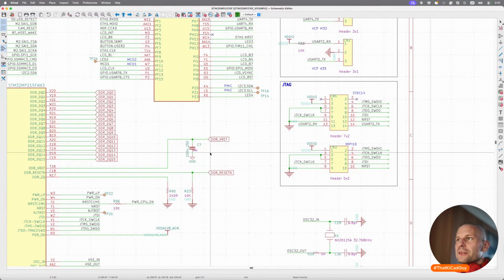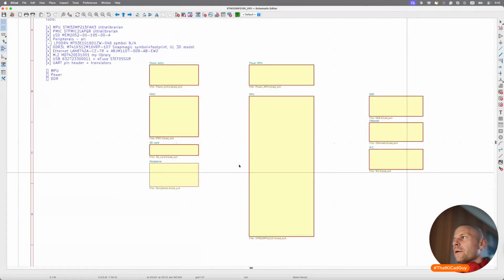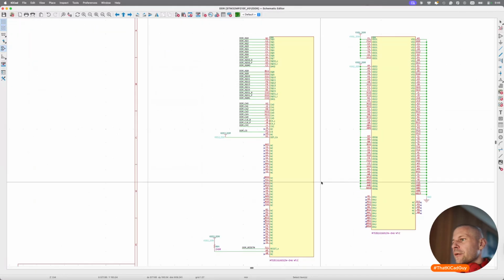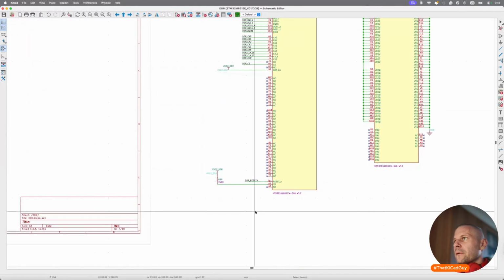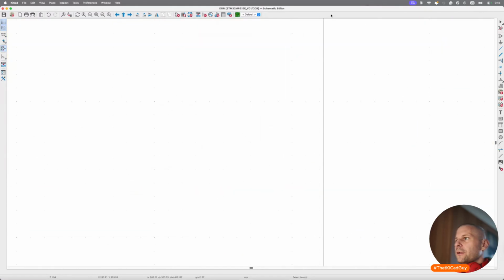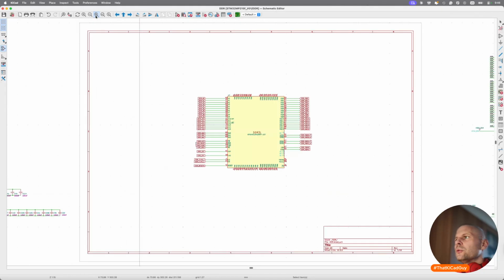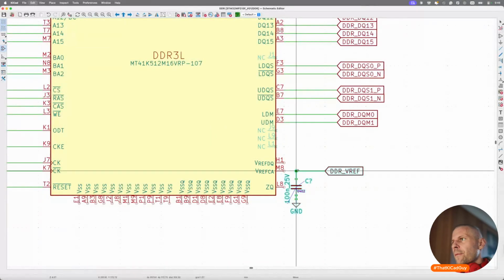Okay, so this is the side of the MPU. Now we have to place it here. Not here. Here.